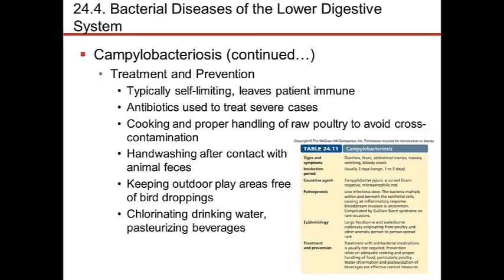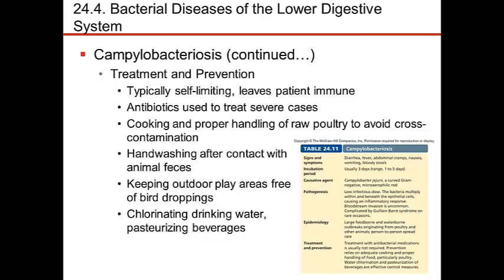The prevention of Campylobacter includes washing the hands before preparing food, especially after handling raw poultry or other meat. One should thoroughly wash with soap and hot water all food preparation surfaces and utensils that have come in contact with raw meat.